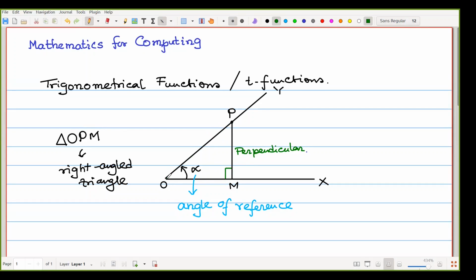So the side OP opposite to the right angle is called the hypotenuse. And the final, that is OM, is the third side, and that one is called the base. So that means we have OM as base, OP as hypotenuse, and the PM as the perpendicular.